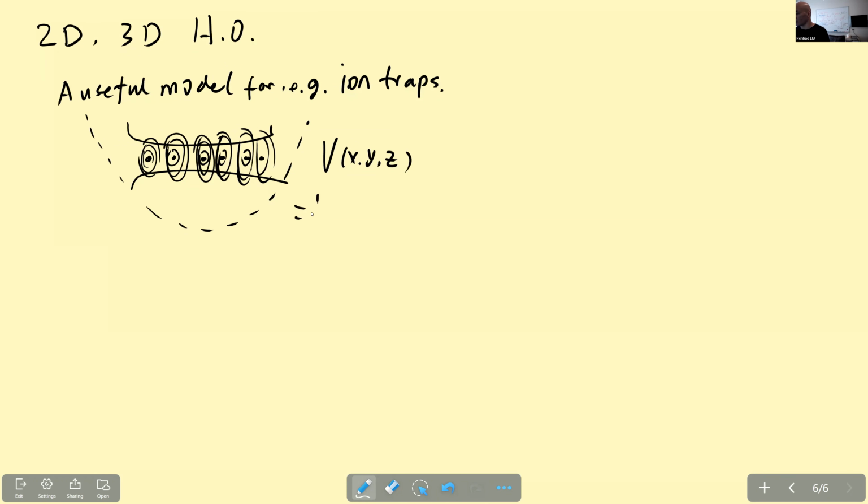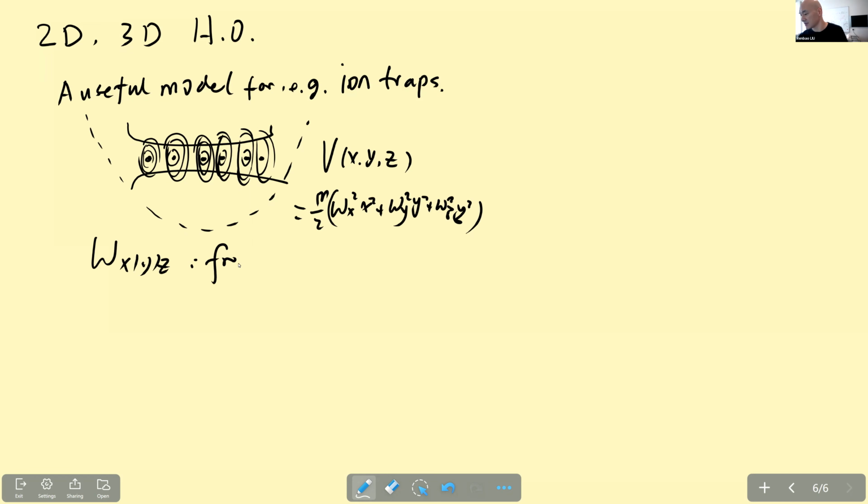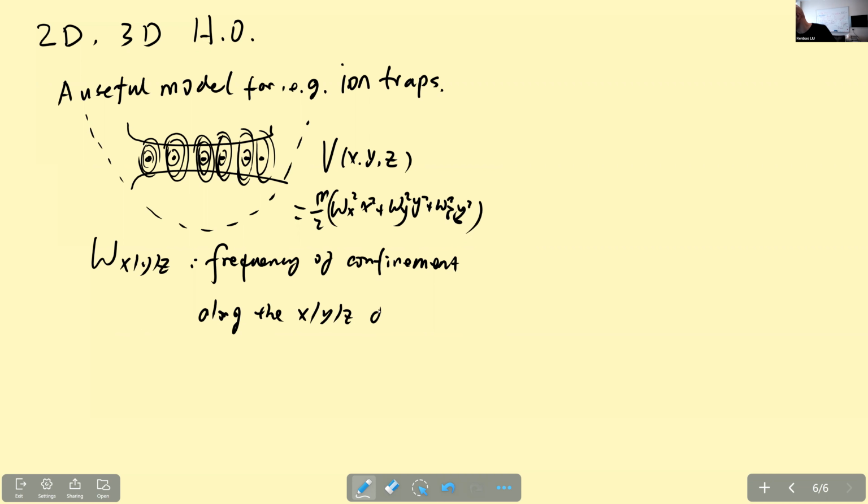That can be written as omega_x squared plus omega_y squared plus omega_z squared, and there's a mass term. You can see that omega_x, omega_y, omega_z are just the frequencies of confinement along the x, y or z direction.